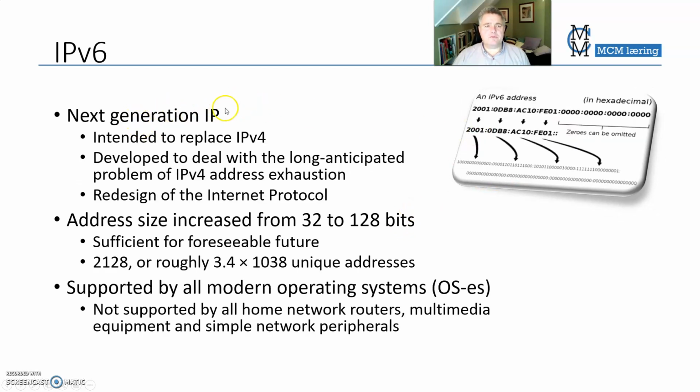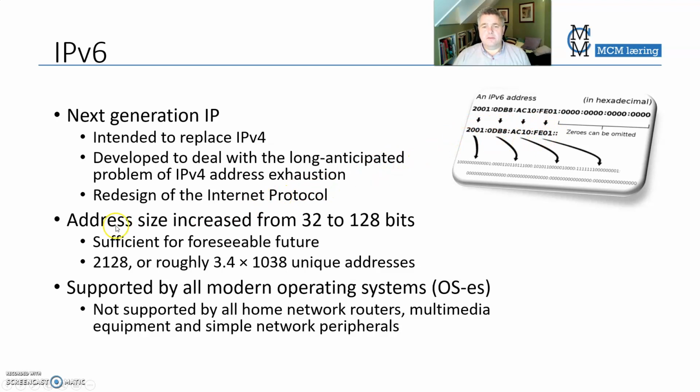IPv6 is supposed to replace IPv4, but there have been workarounds so that we don't run out of the 4.3 billion addresses anymore. However, the address here is increased to 128 bits, which makes more addresses than there are actually grains of sand on the earth.